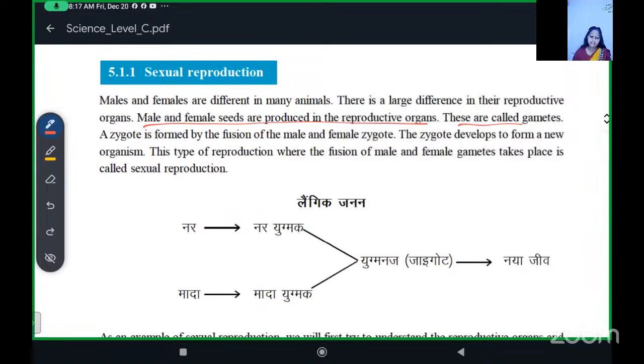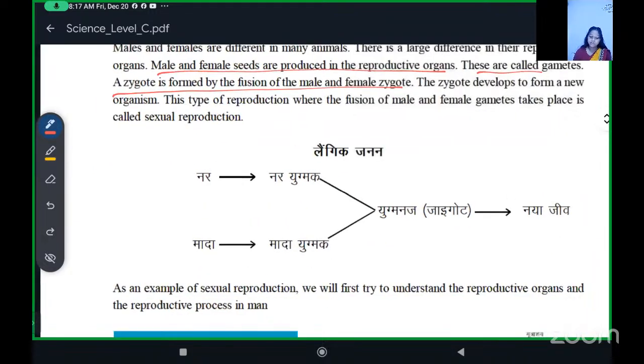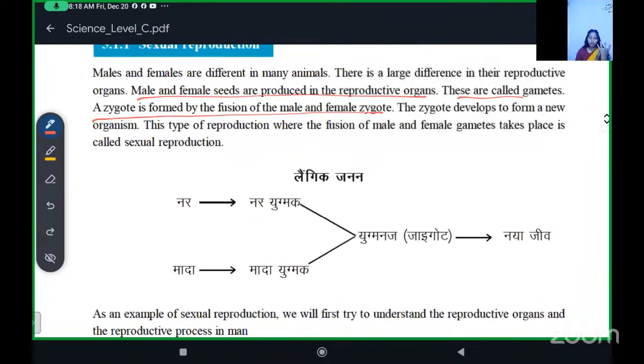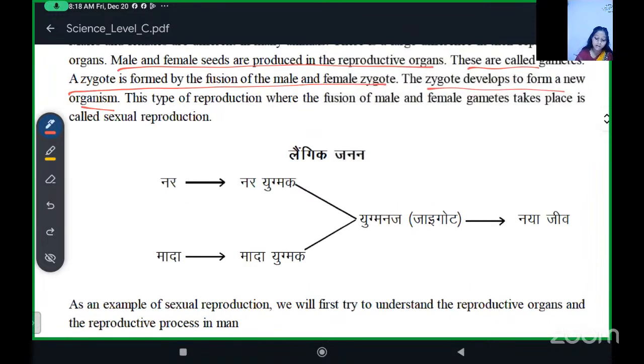These are known as gametes, and they lead to the formation of a zygote, which develops to form a new organism. This type of reproduction, where the fusion of male and female gametes takes place, is known as sexual reproduction.